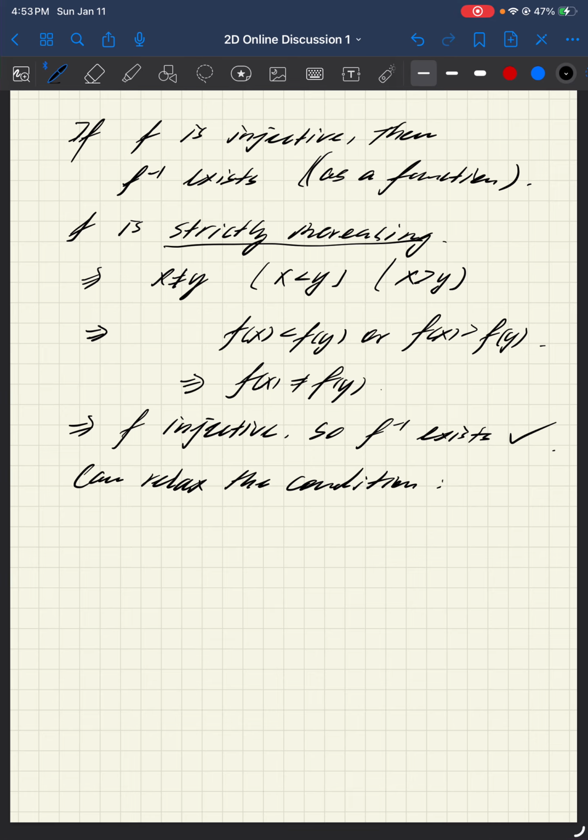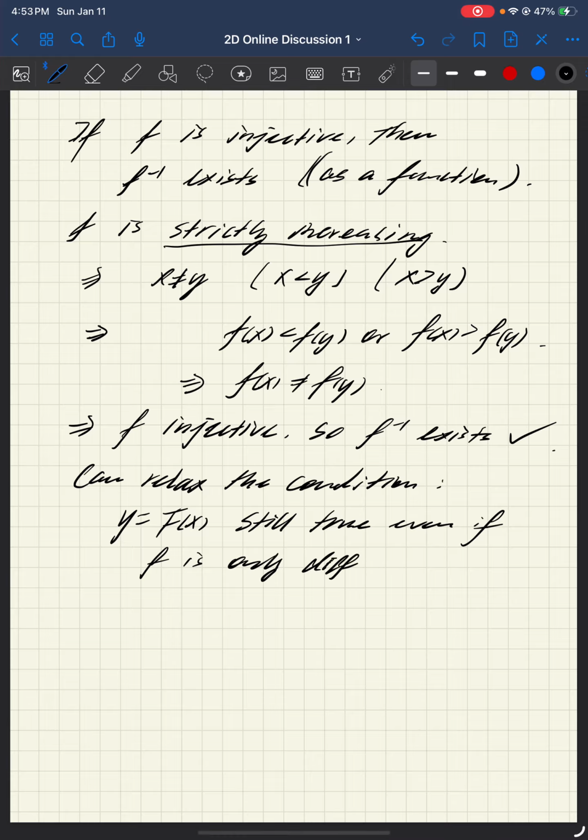Indeed, F'(y) equals f(x) is still true, even if f is only differentiable. So I don't need that f prime be continuous. So how do we do this?